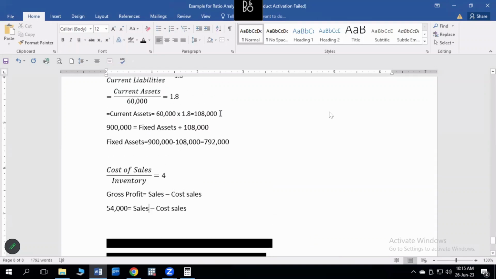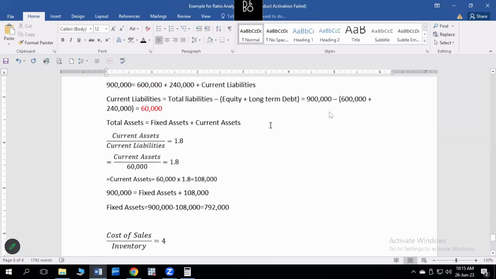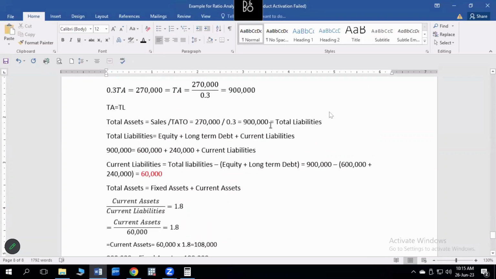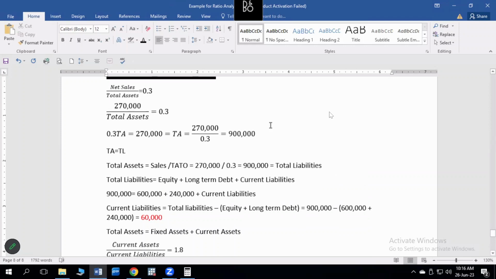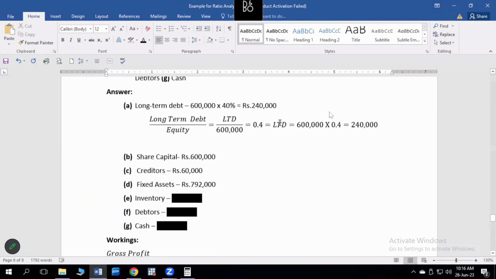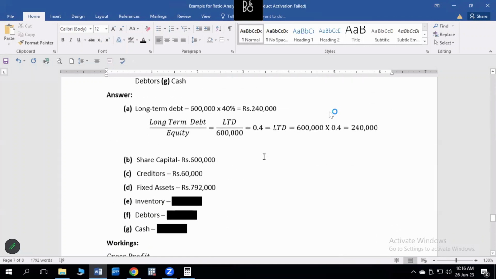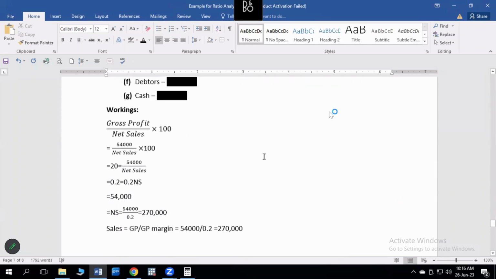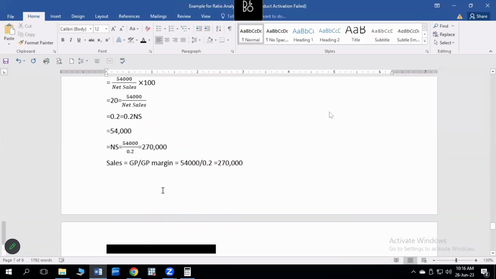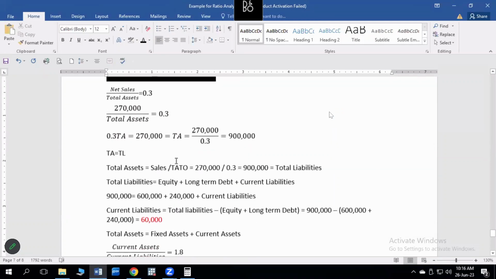Sales you have found already. Net sales 2 lakhs and 70,000.